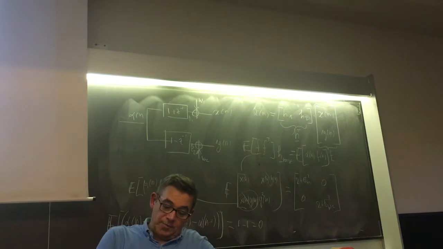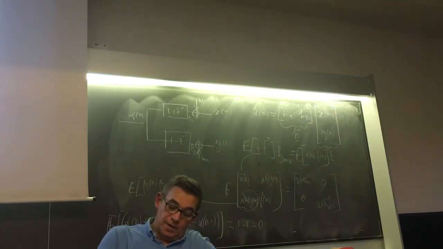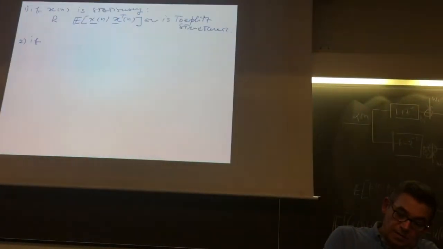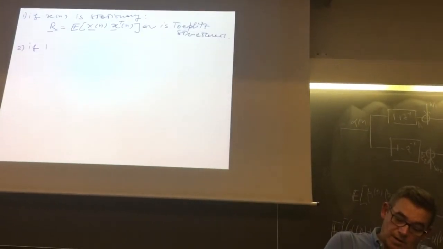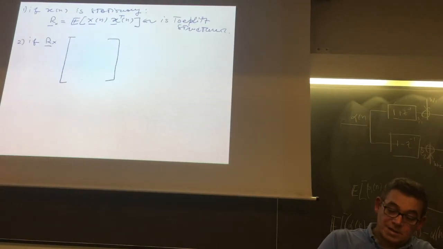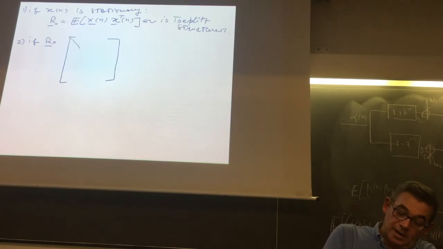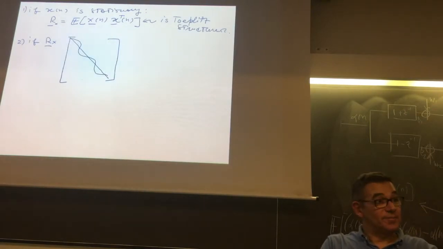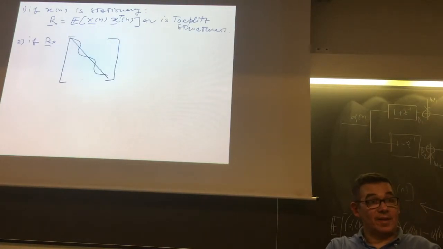Second remark, if Rx has the property that along the diagonals it is periodic, then the process is cyclostationary.